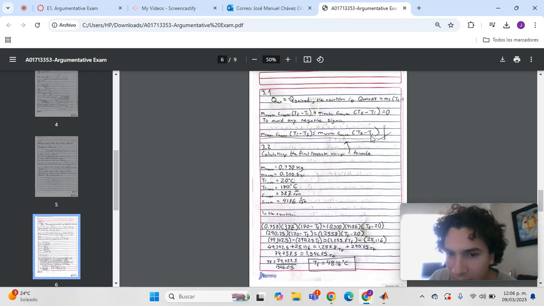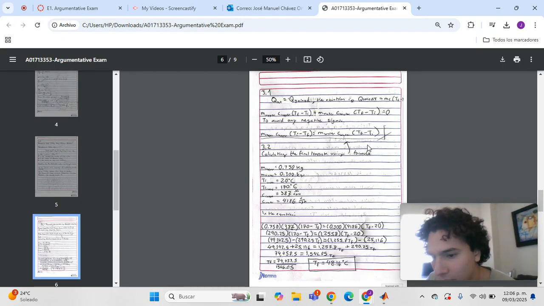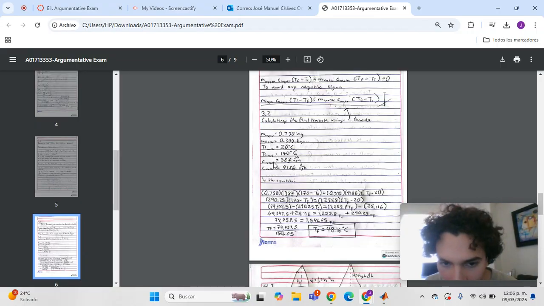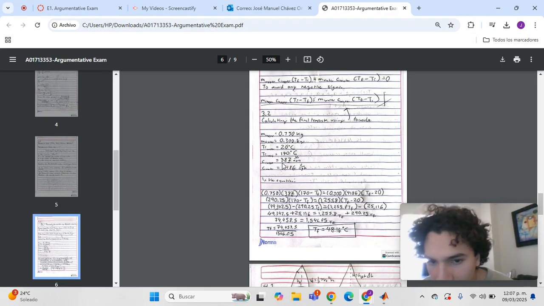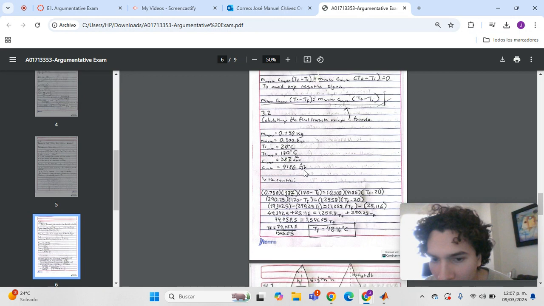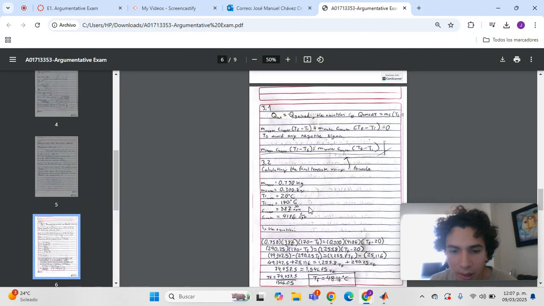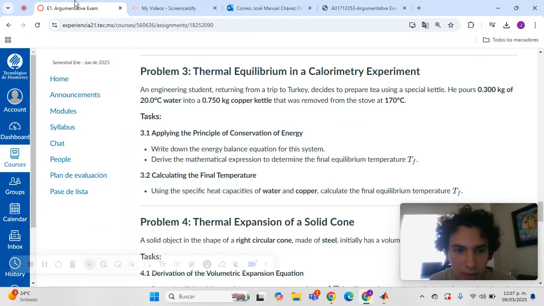I just passed this part all the way to the other side with this one inverted, just to obtain a positive value, and afterwards we know the C, specific heat of copper in the table given is this value over here, and from water is this one. And all we do here is substitute values, solve for TF, and we get that the TF is 48.16. Well, that was the whole problem 3. I just went a little fast.